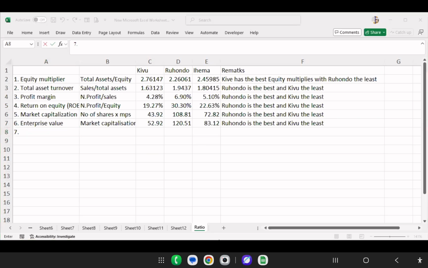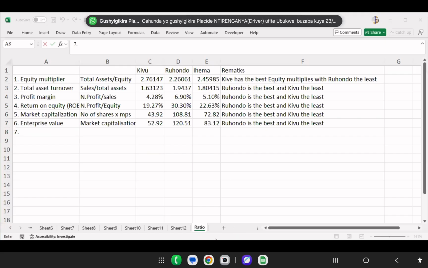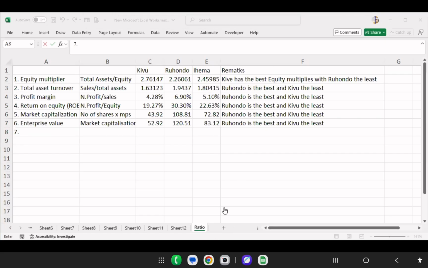Ratio number 7. I don't know whether we are together. Are we still together? Can I see by the show of hands? Are we still there? The most important is that part of the formula.